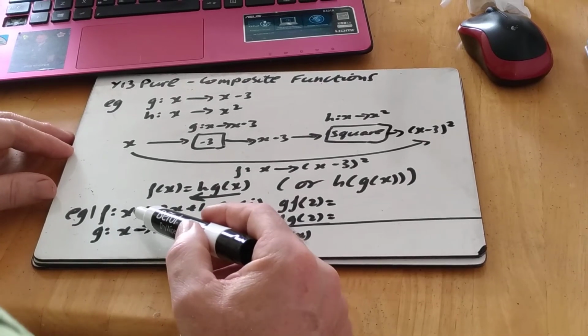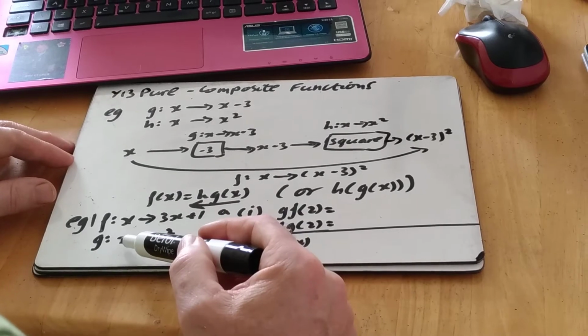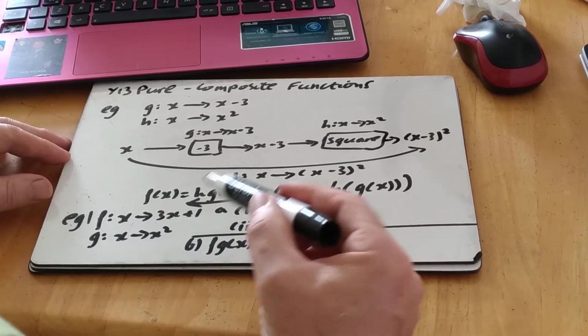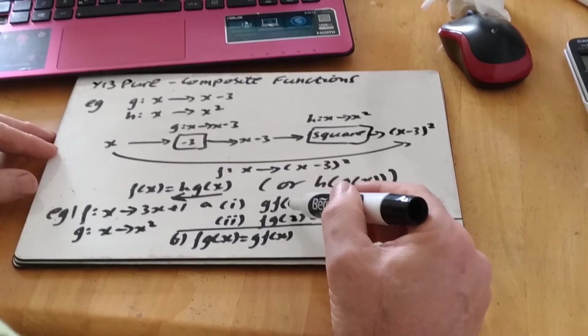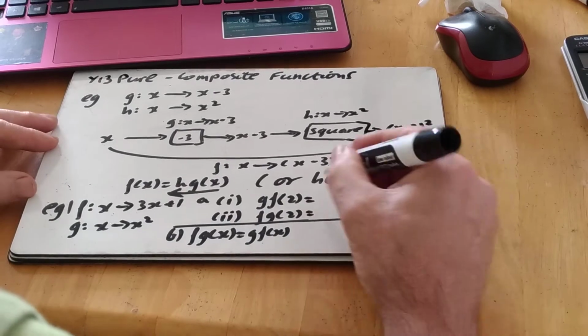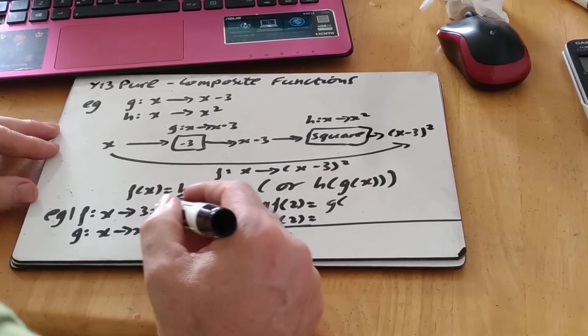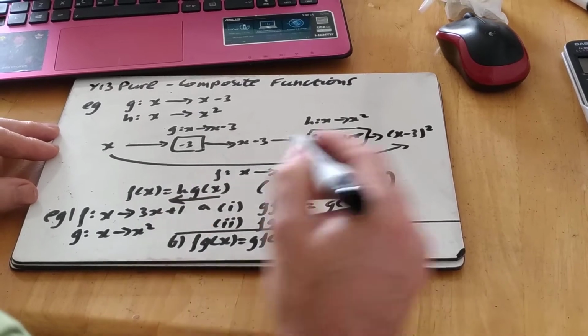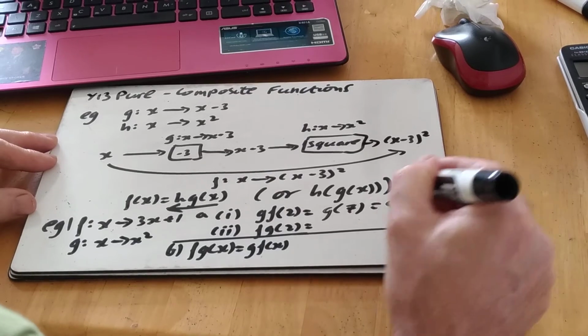f of x is such that x goes to 3x plus 1, so times 3 and add 1, and g of x is such that x goes to x squared. Now, if I want to work out the value of g of f of 2, what I do, I stick 2 into f first, and then stick that into g. So when I stick 2 into f, times by 3, and add 1, 6 add 1 is 7, I get g of 7, and 7 squared is 49.